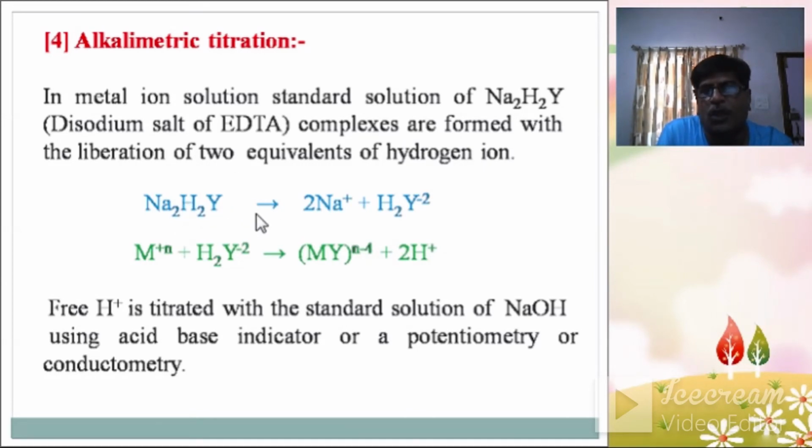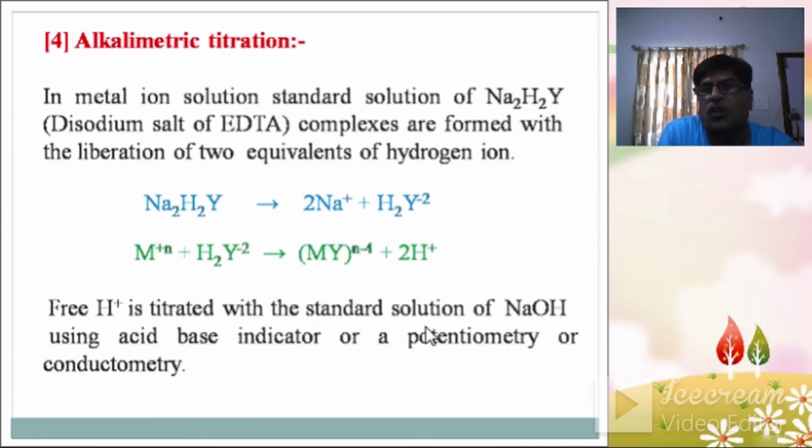Any metal M reacting with EDTA forms the metal complex, and the free H plus is titrated with a standard solution of NaOH using an acid base indicator, or by potentiometry or conductometry.